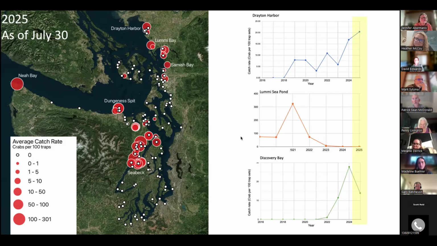We haven't really wanted to pursue that in our region because our primary goal is to keep the population down, and incentivizing a market for the crab seems a little counterproductive at this stage. But that's certainly something that has been done elsewhere.